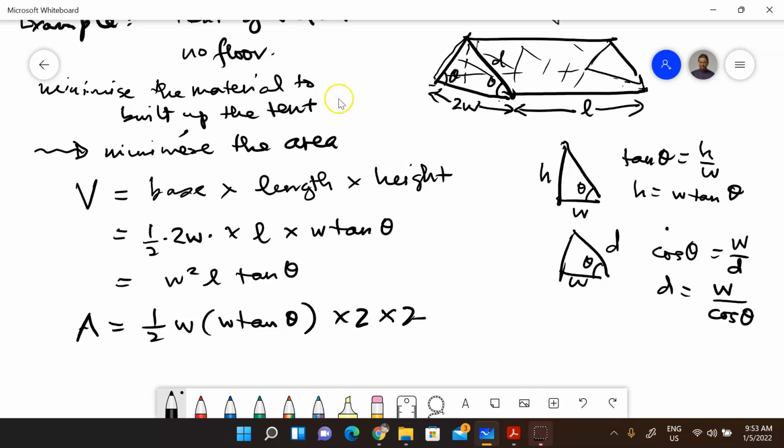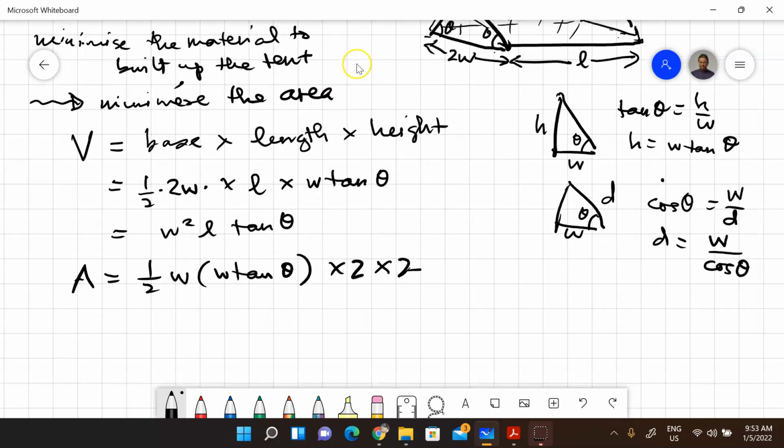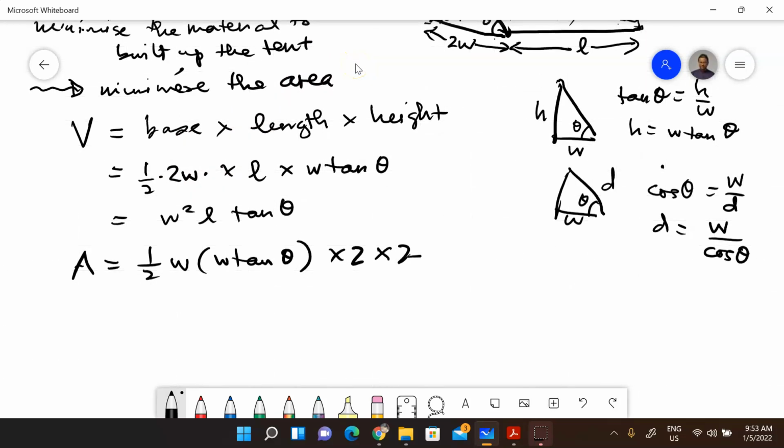Okay, so I need to add this up, so I will have plus w over cos theta times L, and then remember there are the left and right rectangles, so you have to multiply by 2.